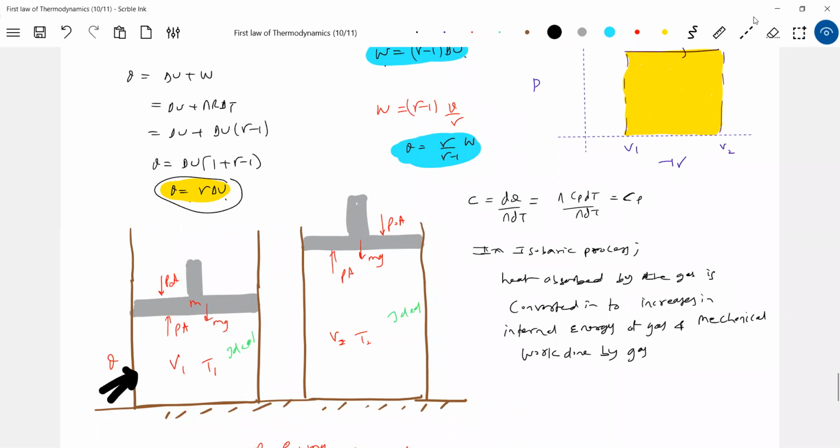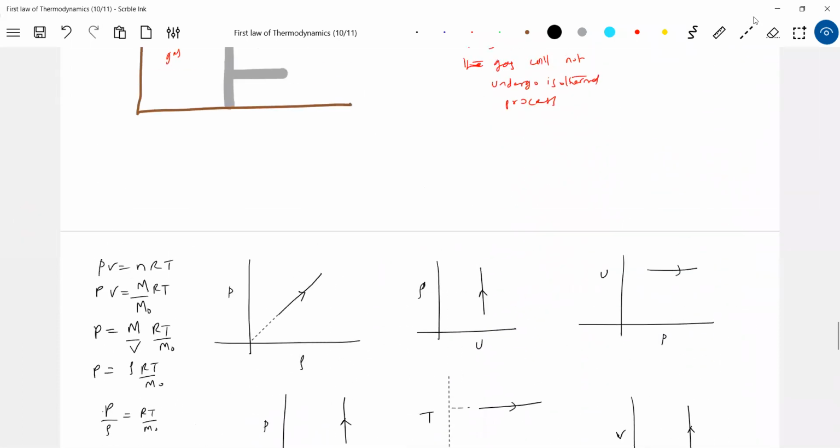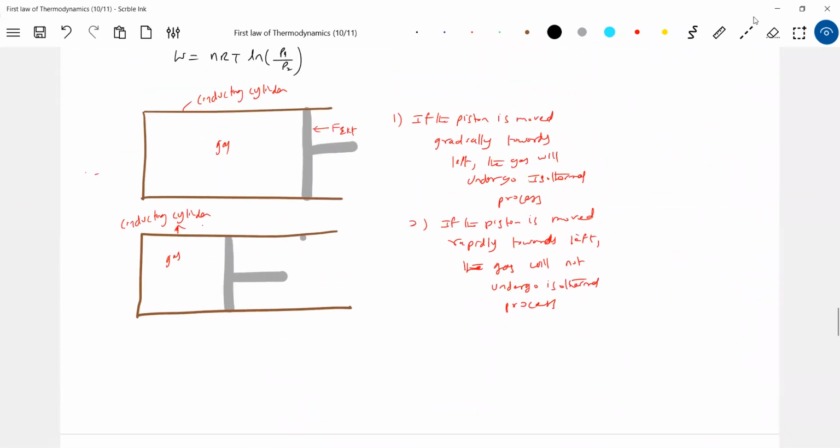So the gas will not determine what process it undergoes. The external agent is going to determine what process the gas should undergo. For example, in an isothermal process, why is the temperature of the gas constant? Because we maintain the temperature of the gas constant, it will be isothermal.